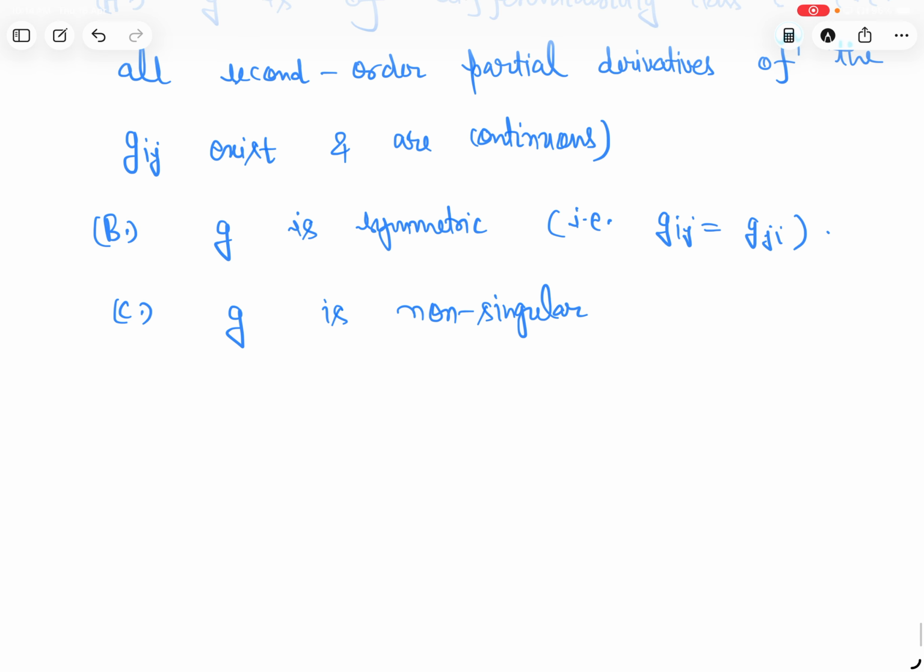Non-singular means what? The determinant of G will be non-zero. That is, the determinant of Gij should be non-zero. Okay.